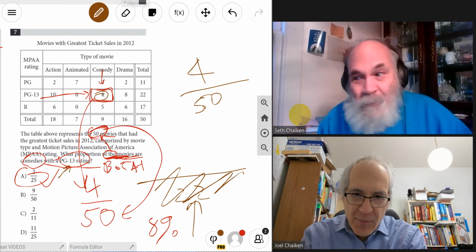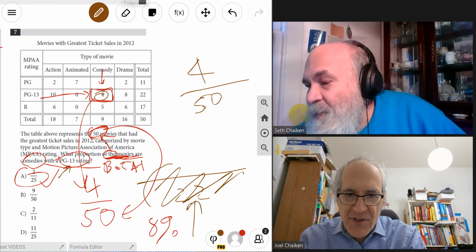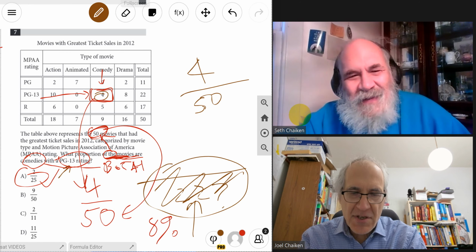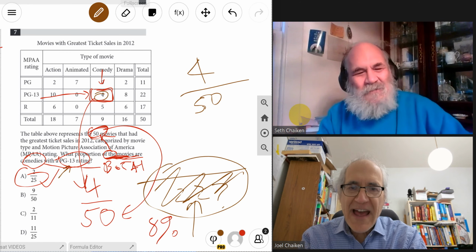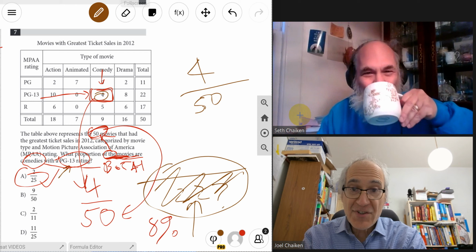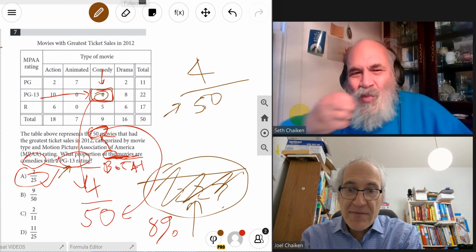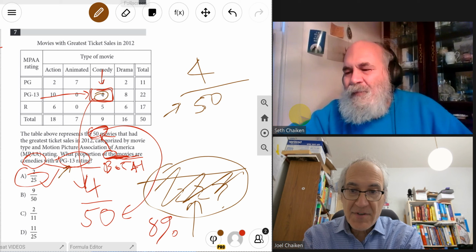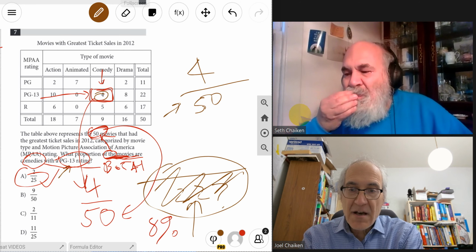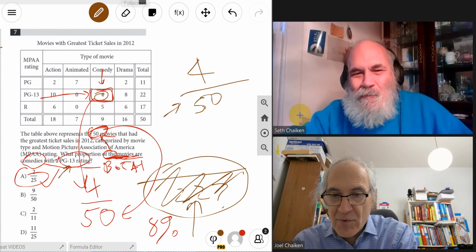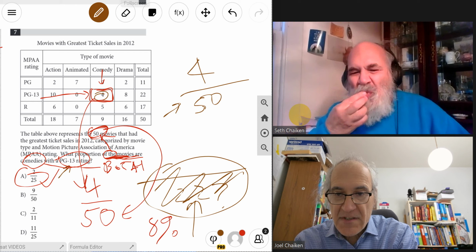But if Seth wasn't here, I would have known that this is a dangerous question, and I would have been more careful, and I probably would have answered it correctly, but there's a chance I would have answered it wrong. I would have double-checked and triple-checked myself to make sure I was reading this right. And Seth is right. It's of the movies. Exactly. Of the movies.